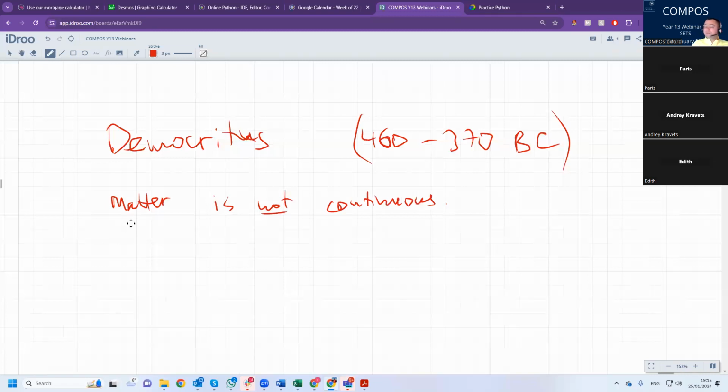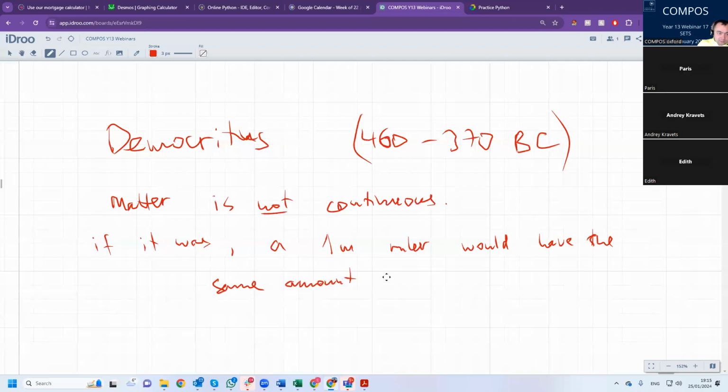Because if it was, a 1 meter ruler would have the same amount of matter as a 10 centimeter ruler. He didn't say a 10 centimeter ruler, of course, but that was his point.